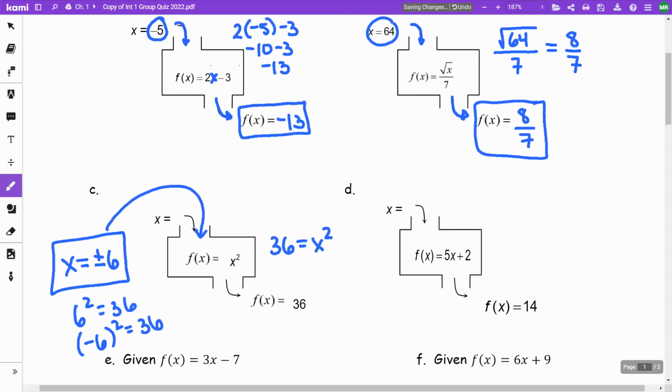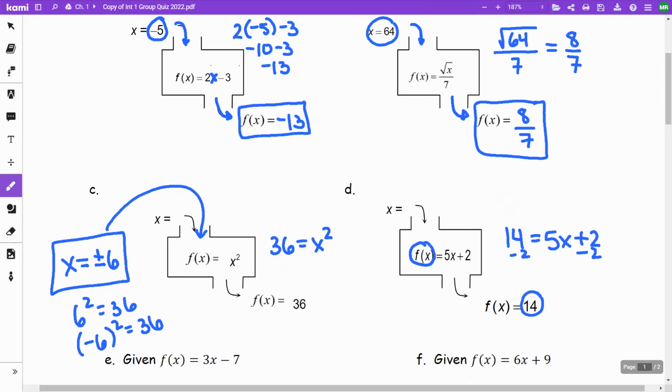On D, similar problem here where I know the output is 14. So I'm going to put that in place of that f of x. I want to know what x is going to give me 14 when I work out 5x plus 2. So I'm going to set 14 equal to 5x plus 2 and solve.